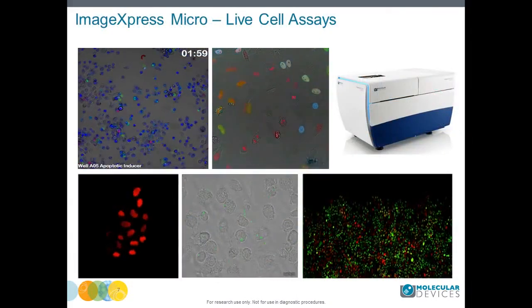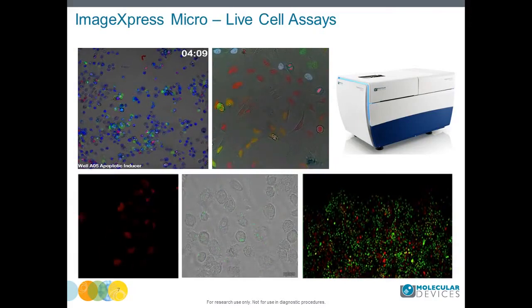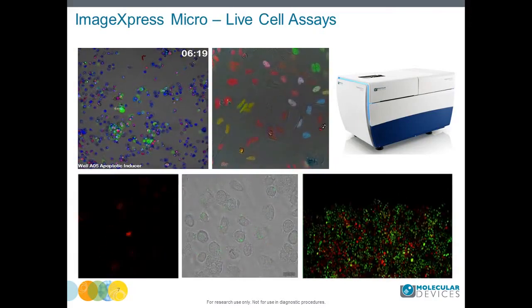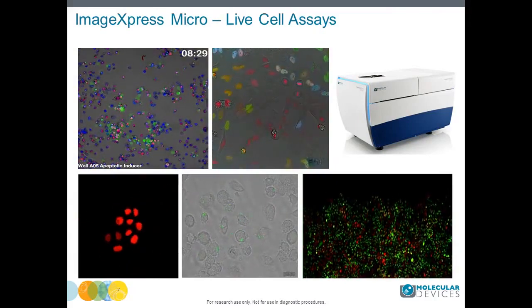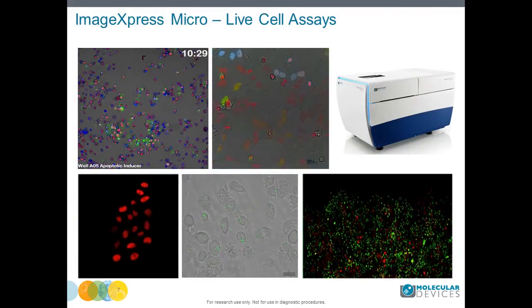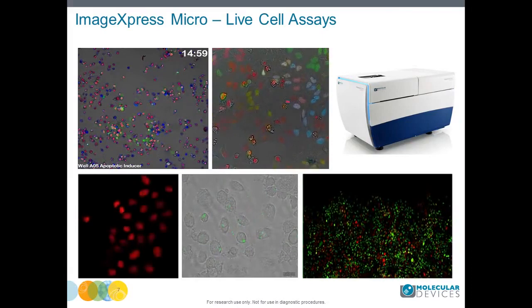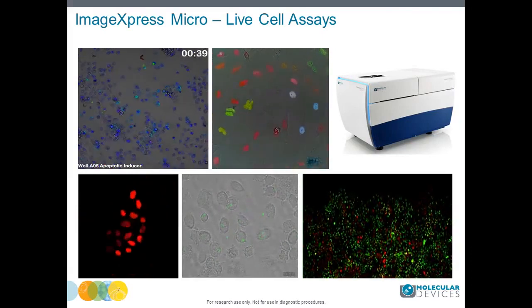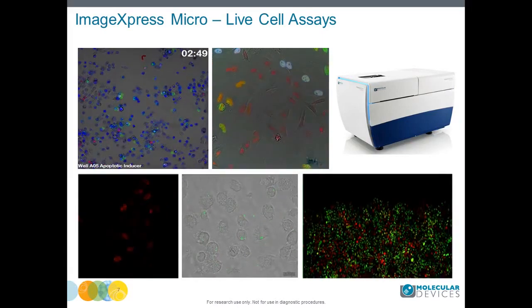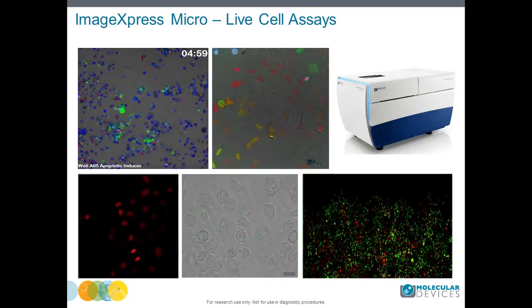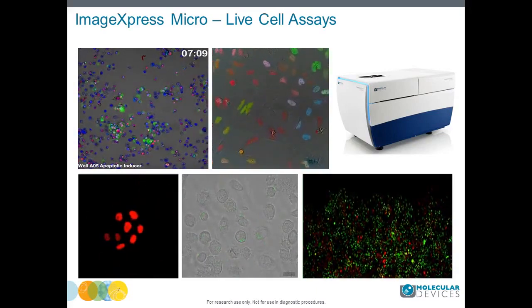And here I want to highlight the ImageXpress Micro live cell assays that are possible to do with our systems. This apoptotic inducer assay in a multi-well plate, where you're watching these cells over time, and you're not staying in one well, you're going to multiple wells over and over again.